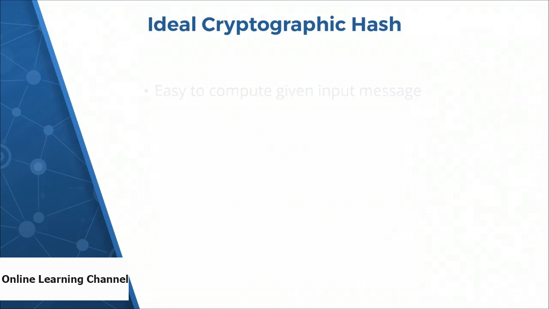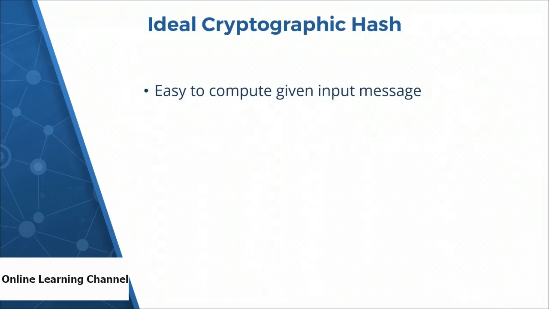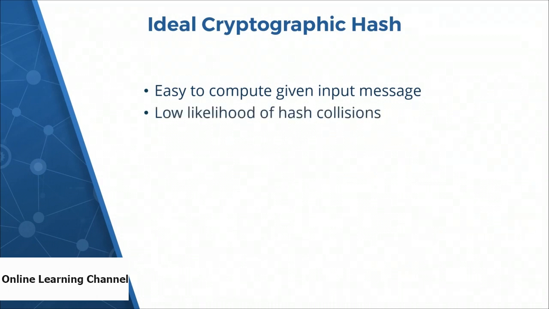And because a cryptographic hash needs to be computed each time a new block is added to the blockchain, executing the cryptographic hash function should be rather simple and should not use up too many resources, whether in terms of compute resources or time. Another property is that a cryptographic hash should have a low likelihood of producing hash collisions.